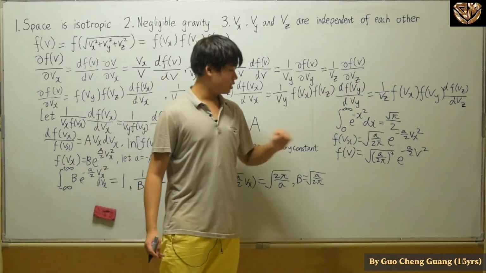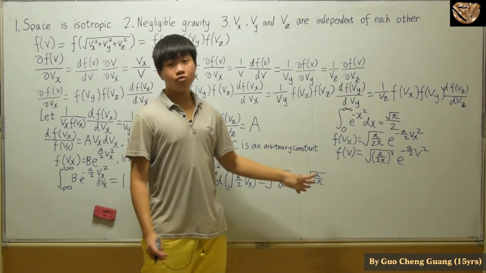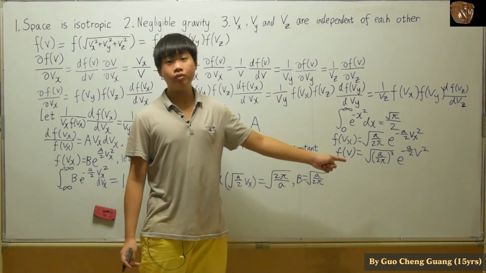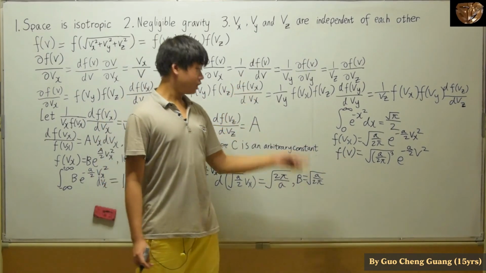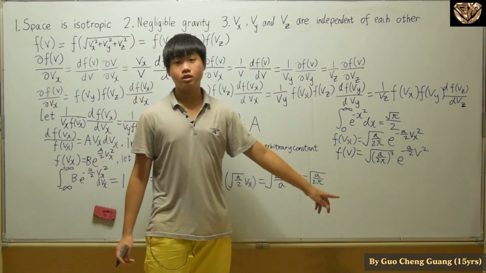And this, if you know the Maxwell-Boltzmann velocity distribution, is actually of a similar form. The only difference is the a. So in future lessons, we are going to determine the a, but this is how you get the rough form of it.